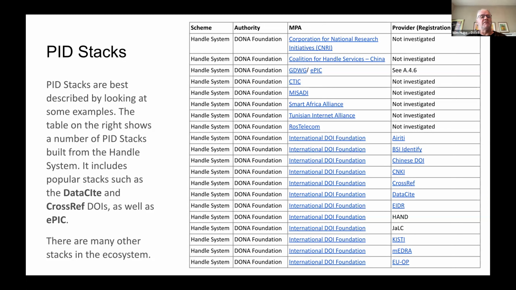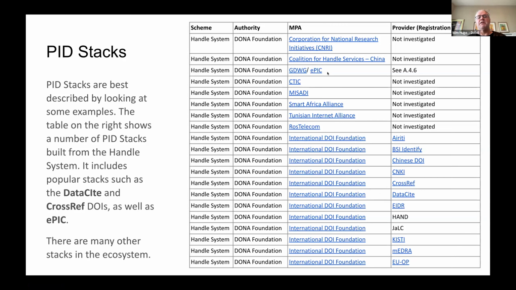So we're investigating this in a great degree of detail and incorporating all of these different stack definitions, as it were, into the knowledge base together with as much information as we can identify about them. So it's important to understand, for instance, that Crossref and DataCite look like different persistent identifiers, and they are, of course, but higher up in the stack, they are exactly the same because they are managed via the DOI Foundation as the authority, and they're ultimately all based on the handle system.